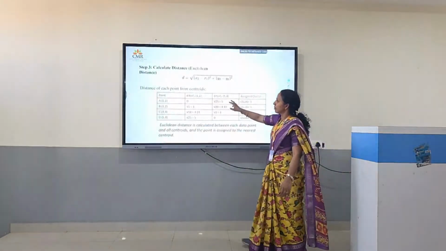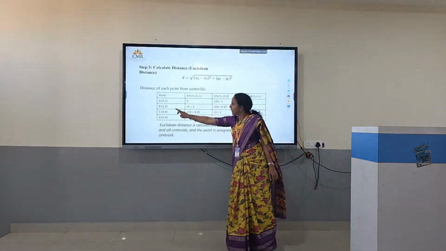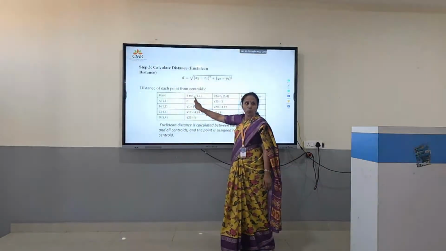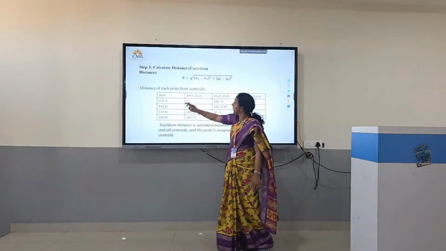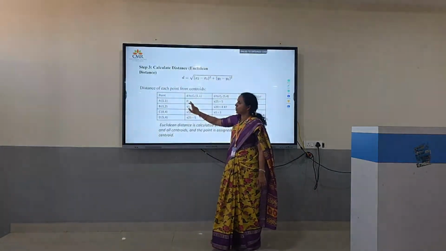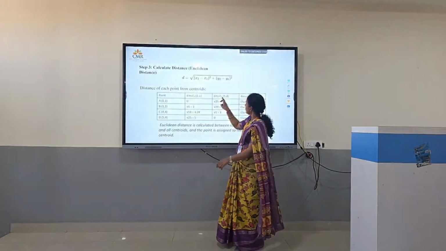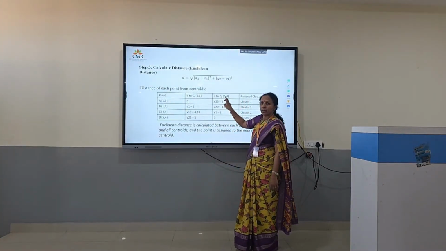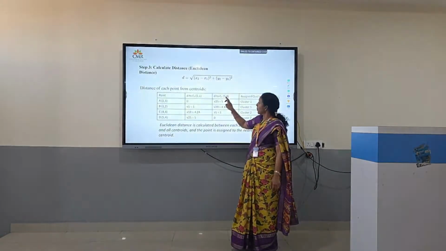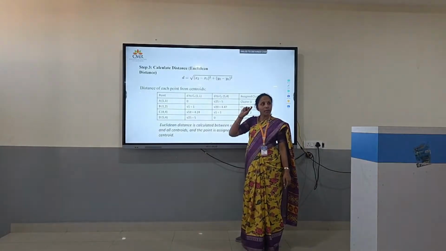So see here, first data point, second data point, third and fourth. Distance D to centroid 1, D to C1. See here, square root of 1 minus 1 whole square plus 1 minus 1 whole square is 0. Now, why have we taken C2? The fourth data point we have taken as the centroid for the second cluster.